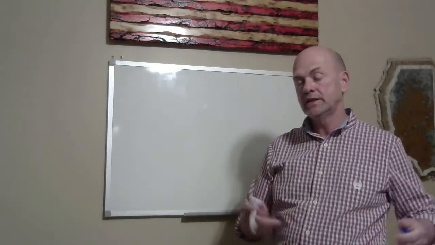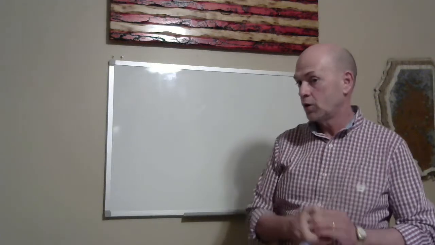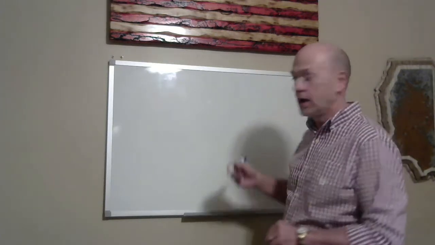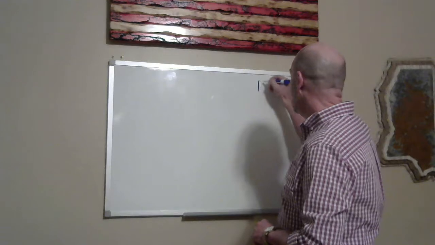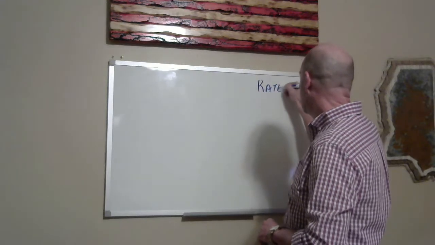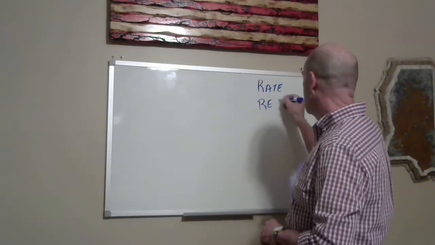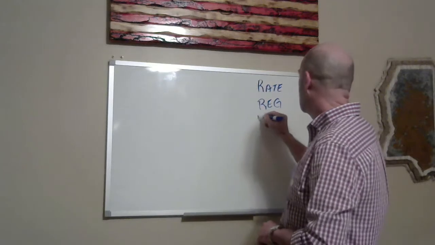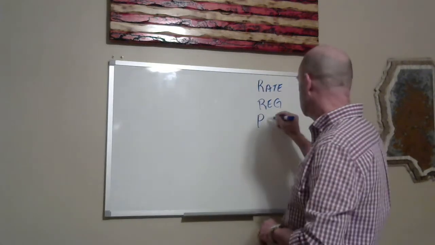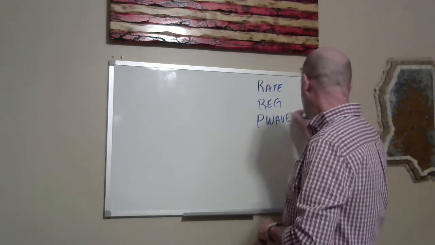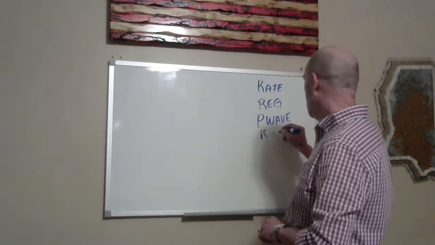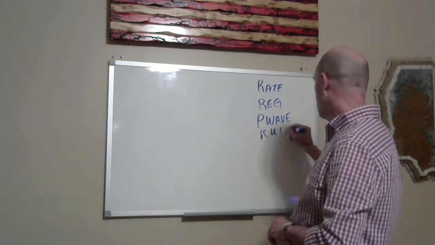The questions that we'll ask about each one are the questions that we talked about in an earlier lecture, which is rate, regularity. The P wave questions: are they round? Are they upright? Are they all alike?